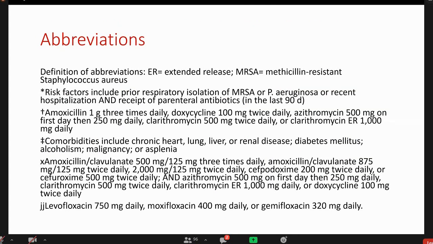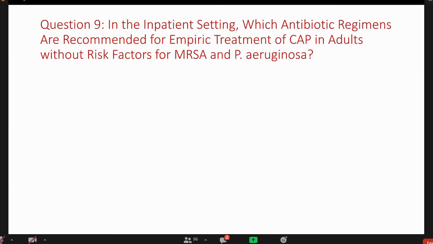Now, in the inpatient setting. The last slide was outpatient. So this is the inpatient setting, a patient who has been hospitalized. Which antibiotic regimens are recommended for empiric treatment of CAP without risk factors for MRSA? So no risk factor for MRSA, and the patient is hospitalized, admitted, and we have to give the empiric treatment. What is the choice of antibiotics?